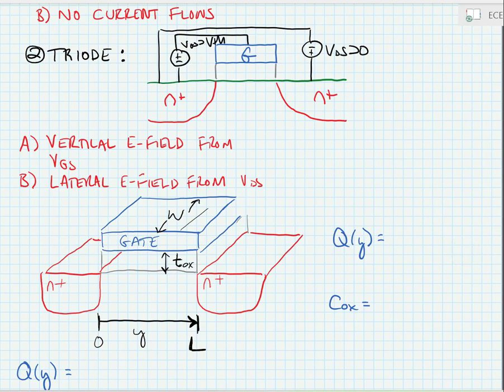Now, because the gate to source voltage is greater than the threshold voltage, we'll have formed a channel underneath the gate. In this case, free electrons from the bulk will have been drawn up by the electric field that's created by that VGS.